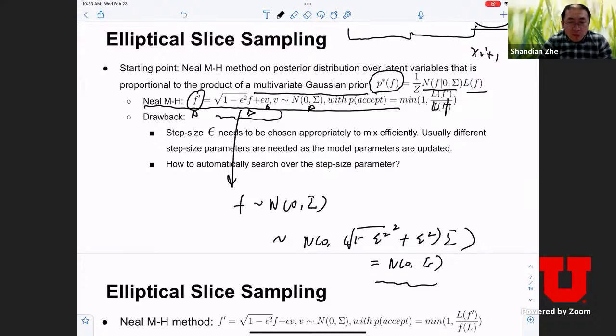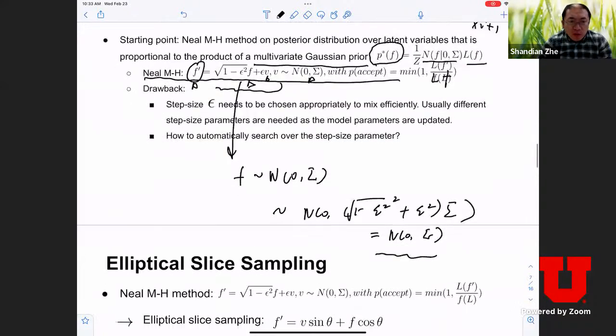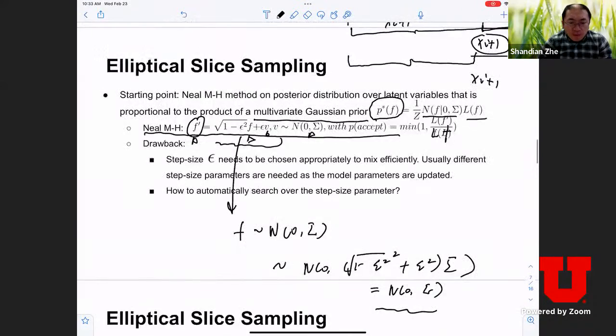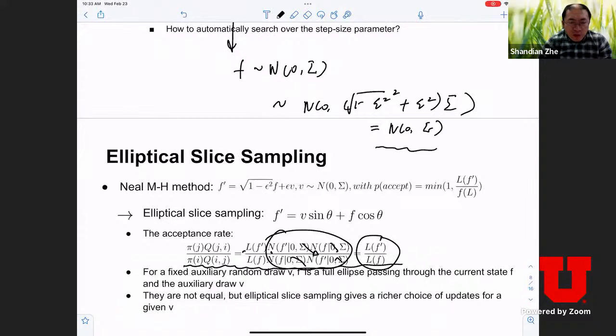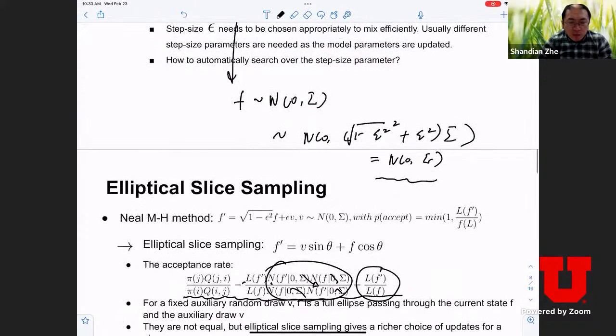That's the marginal distribution of F prime. I mean, to show the detailed balance, you have to look at P of F and then jump from F to F prime.